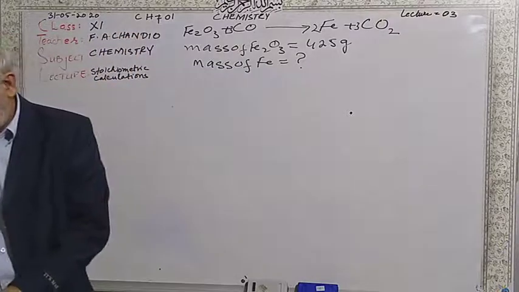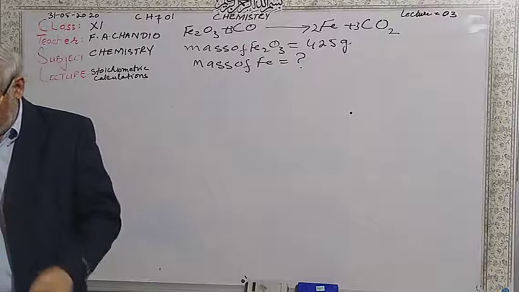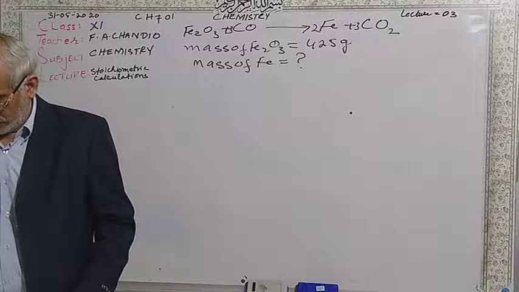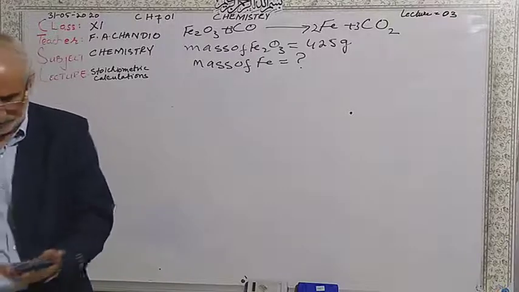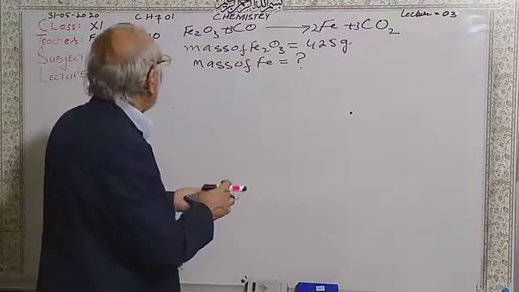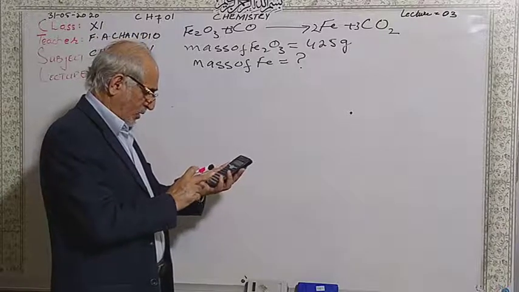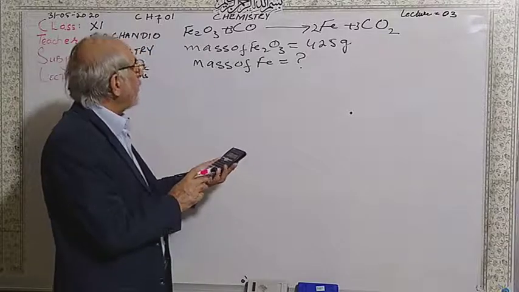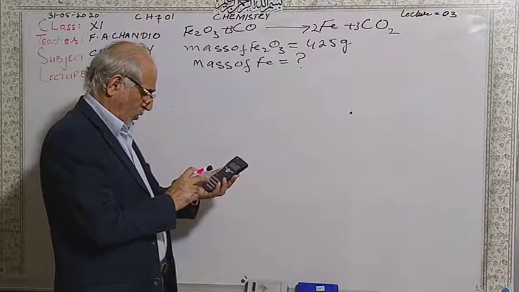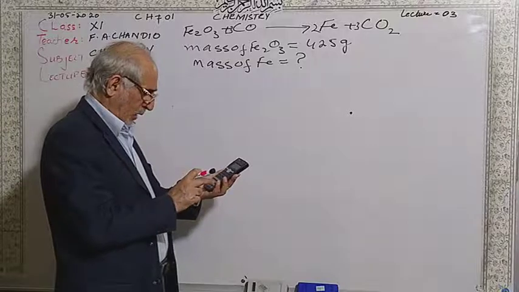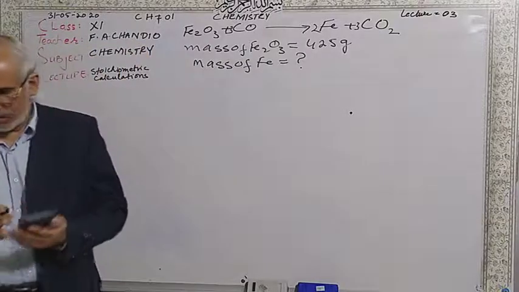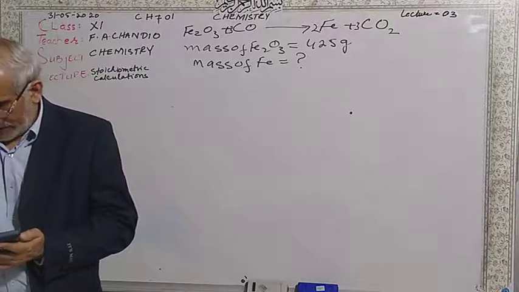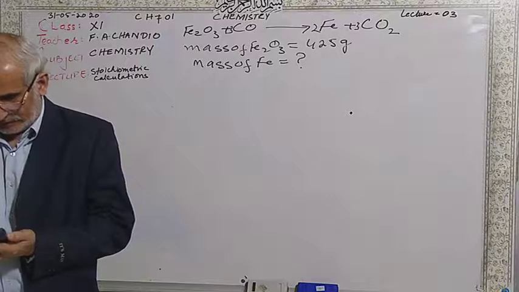The molar mass of iron is 56. If you calculate the molar mass of iron oxide, 56 multiplied by 2 is 112, plus 48, so this will be equal to about 159.6.